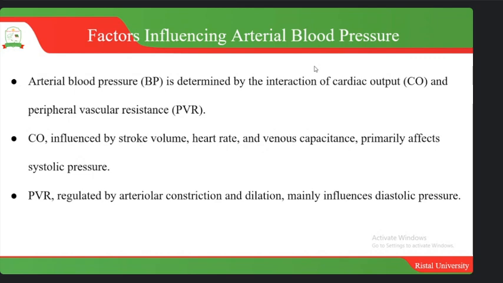When you take the blood pressure, the one which is below, that is the diastolic. So when you look at the peripheral vascular resistance, it will always affect the diastolic pressure. If there is a lot of resistance in these peripheral vessels, it will raise the diastolic pressure, and at the end of it all, the person will have high blood pressure.